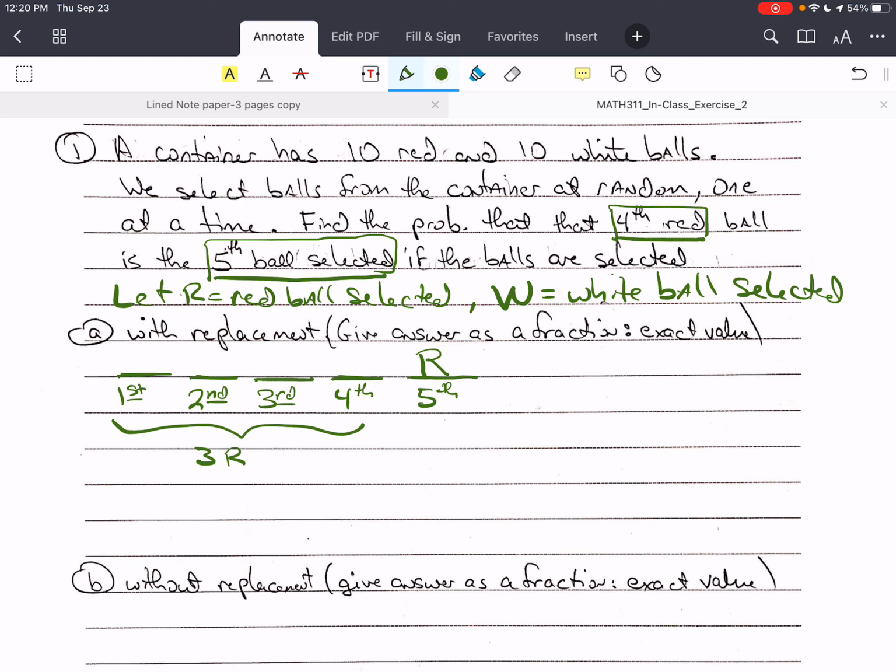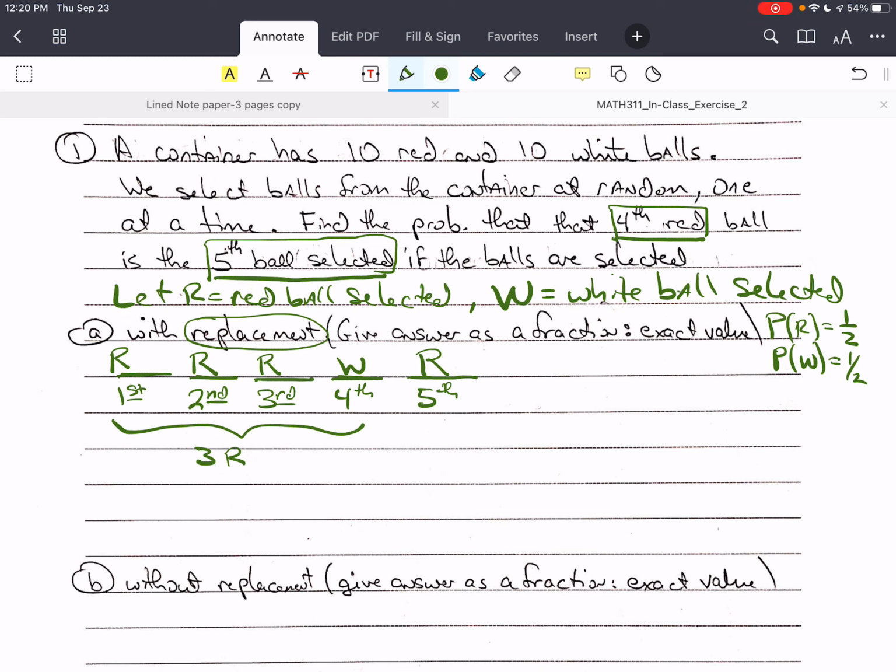Now, the probability of a red ball is 10 over 20, or 1/2. And the probability of a white ball is 1/2. And we're replacing the ball into the container after we select it, so these probabilities will not change. So let's say that we select a red ball, then another red ball, then another red ball, and then the last one has to be white.